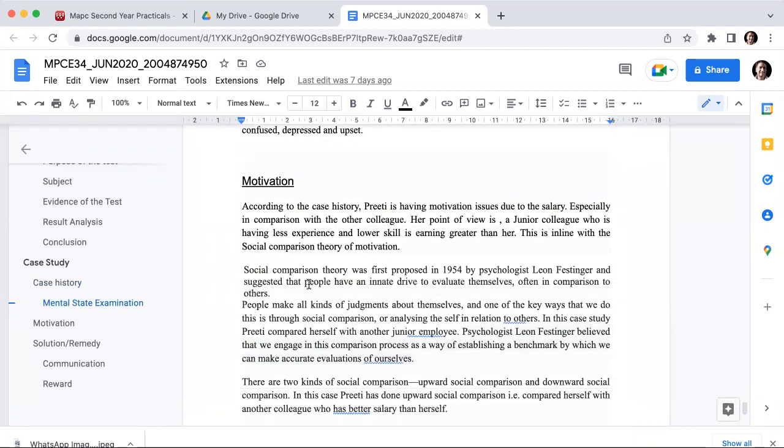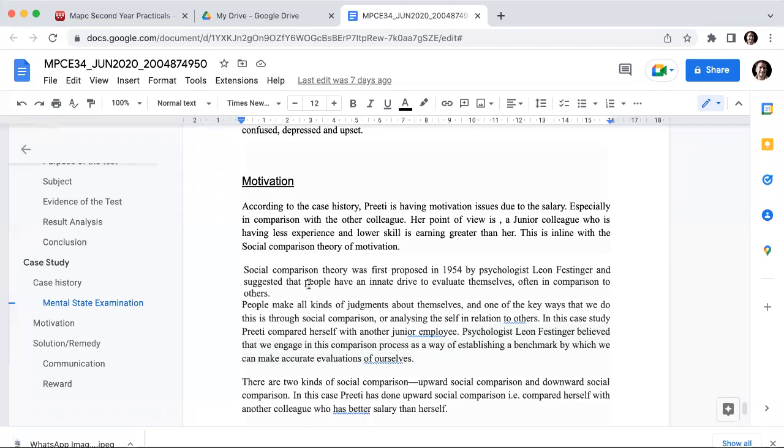Right. So basically the problem that you have in hand is that her motivation is having an issue. Her motivation is down. So she is not performing like before. Why did it happen? Because she compared herself with another employee. Till then she is fine, right? So the aspect that kicked in here was social comparison.